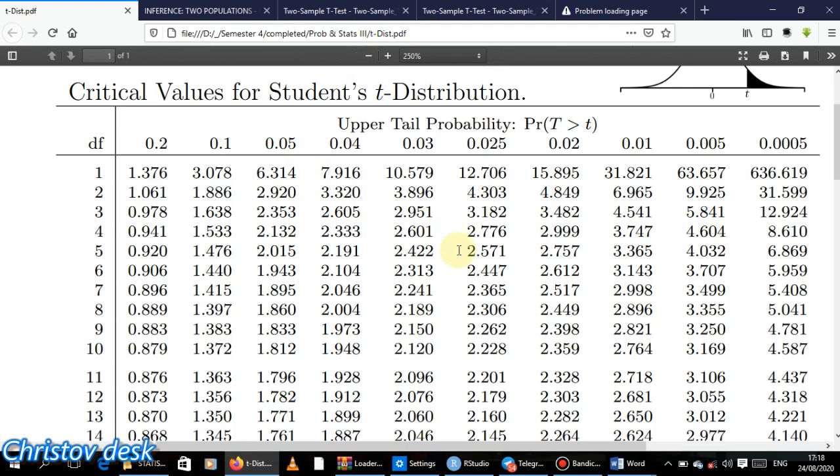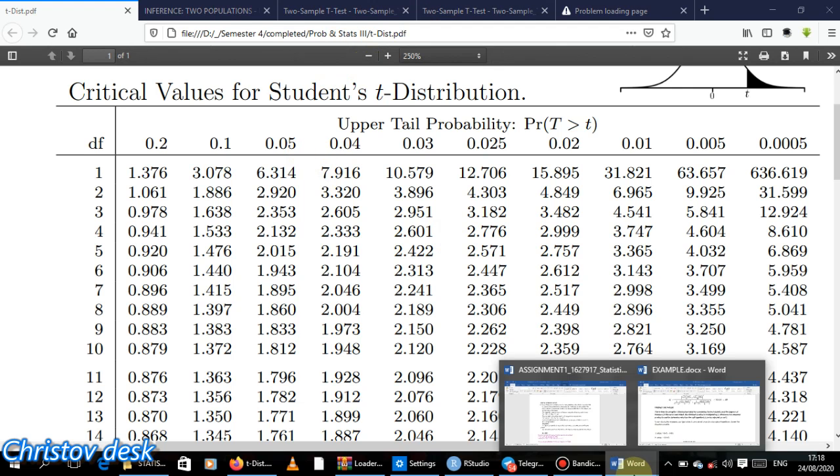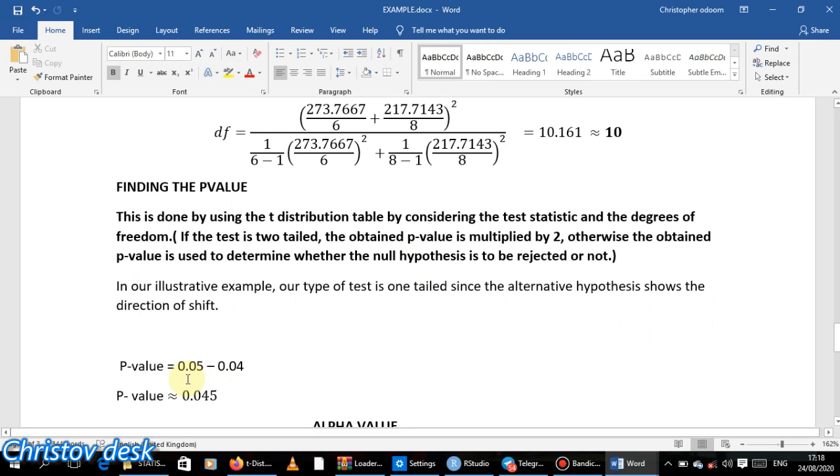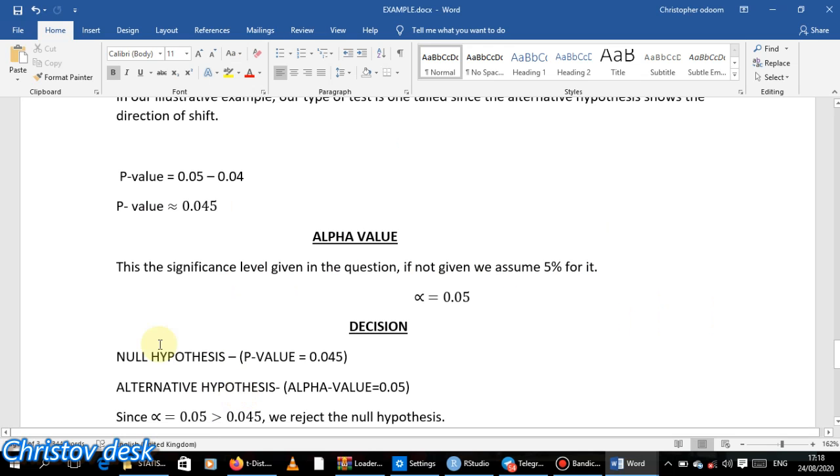So taking an average of 0.05 and 0.04 is 0.045. So that's the p-value, and the significance level is in the question. If not given, we assume 5%. So the alpha value, if it is not given in any question, you assume that it's 5%. Ours was given as 5%, so we use 0.05.